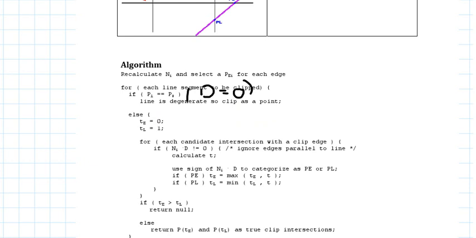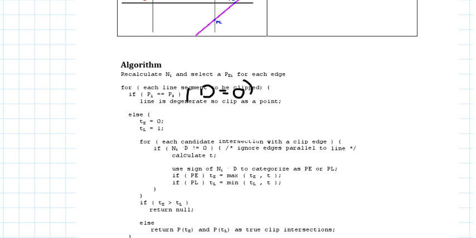Once you have initialized parameters, then for each line you have to follow a particular iterative procedure. For each candidate intersection with a clip edge, if Ni dot Di not equals 0.